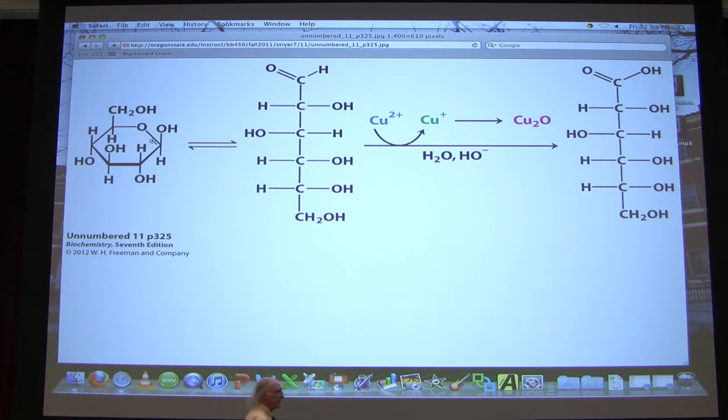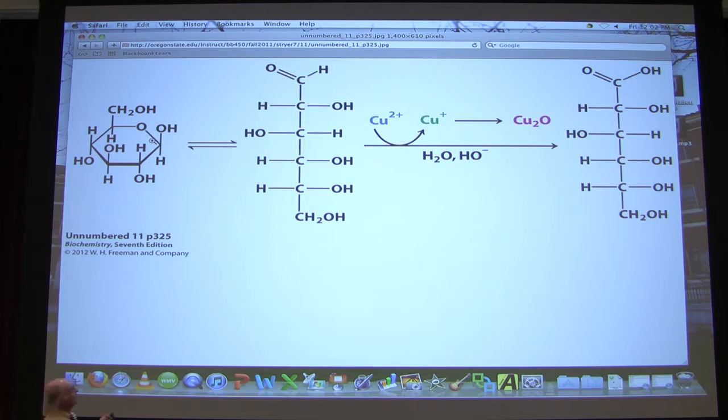This oxidation reaction happens in the presence of what are called reducing sugars. So reducing sugars are sugars that are easily oxidized. Why do we call them reducing sugars? Well, because they're reducing something else. They are, in fact, reducing, in this case, a copper ion from the +2 state to the +1 state. And that means an electron has to have moved from the reducing sugar to the copper ion, as we see here.